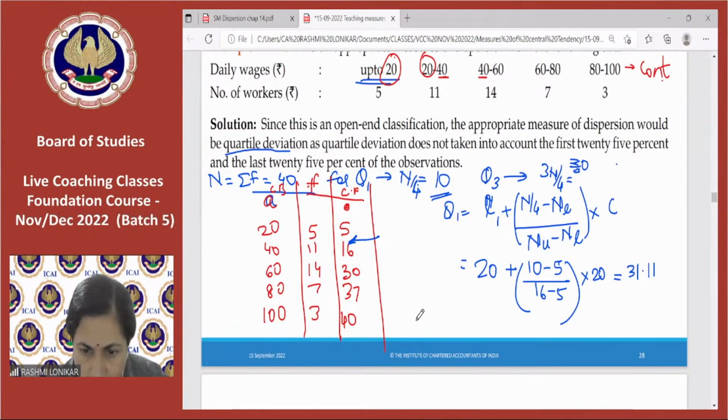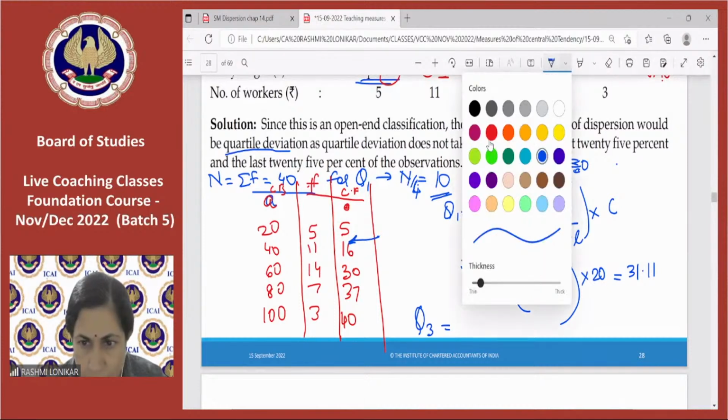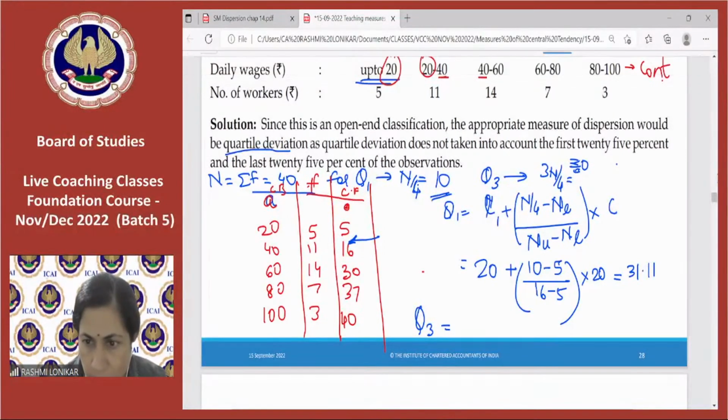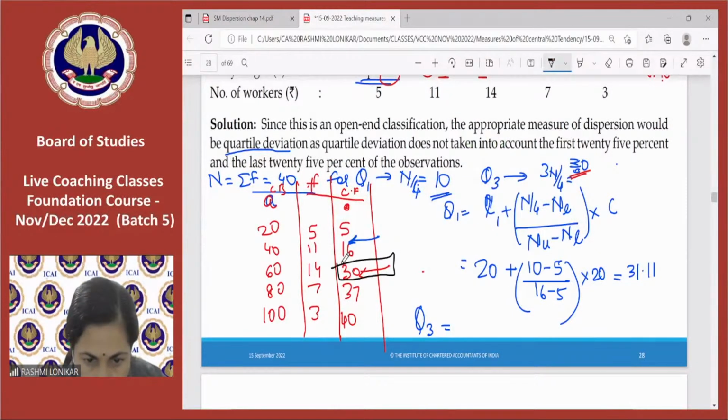And similarly Q3. For Q3 it is 30. For Q3 I have to find where 30 is going to lie. I already have 30. In this sum they have already done this for you, that Q3 is over here.